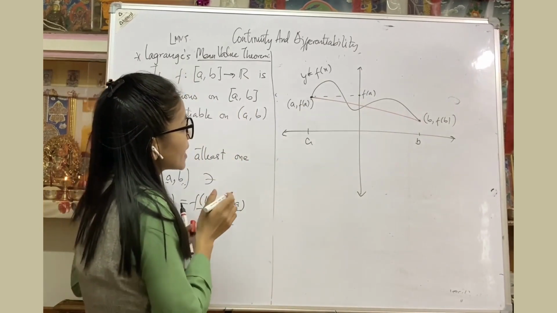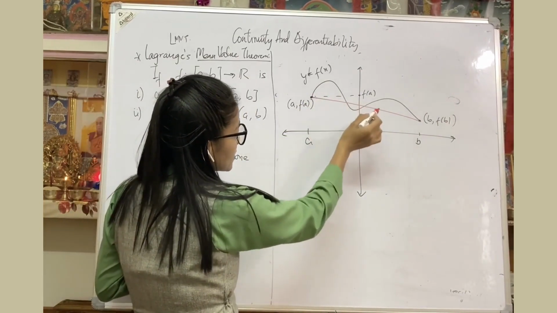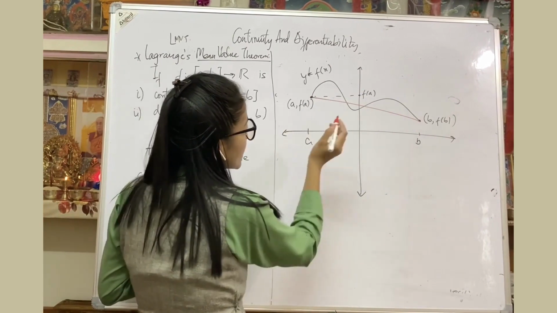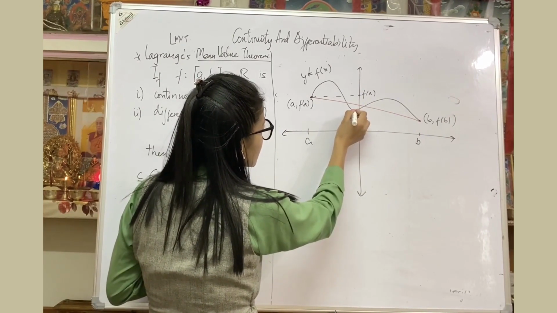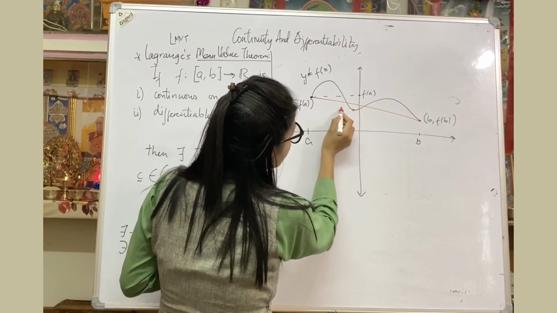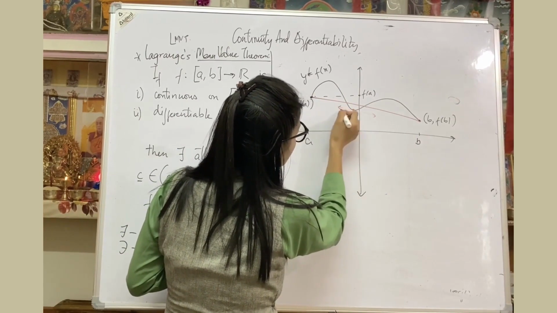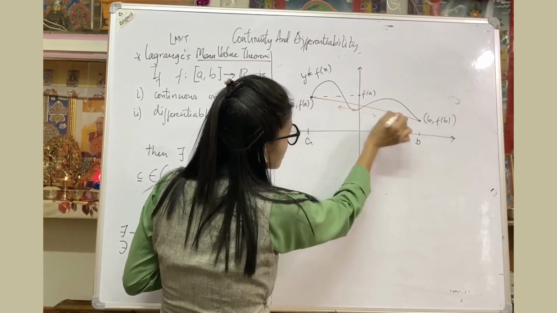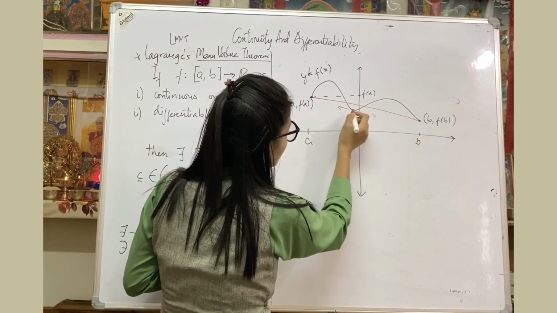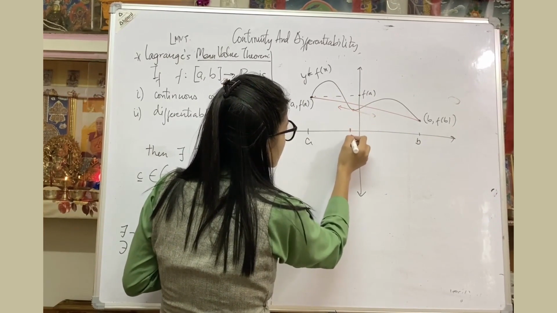Now you will see that on this curve you can find at least one C such that here I get a point where the tangent is parallel to this chord. So this point is C1.